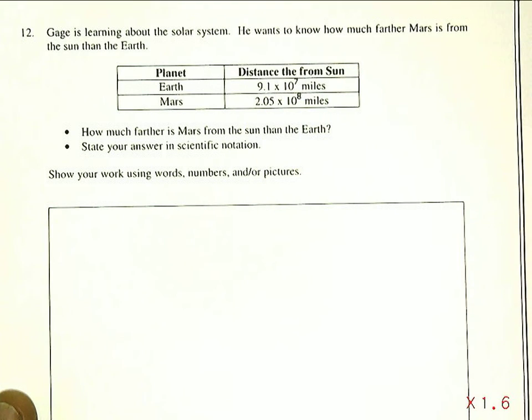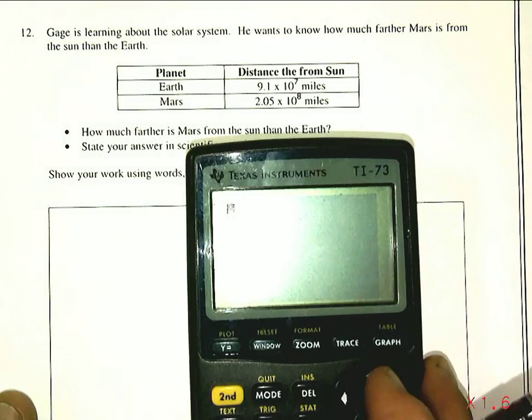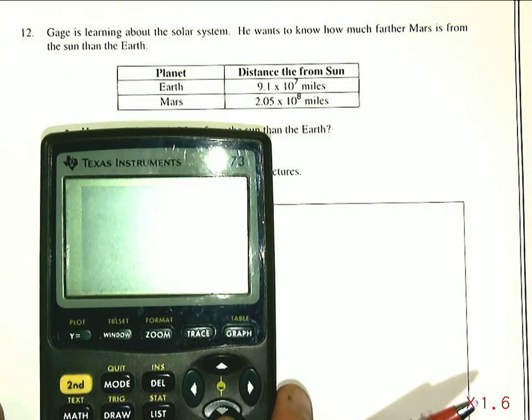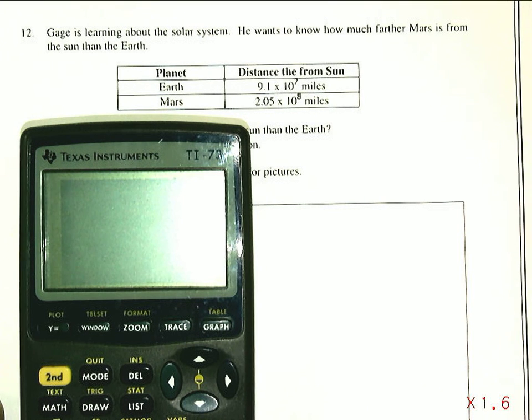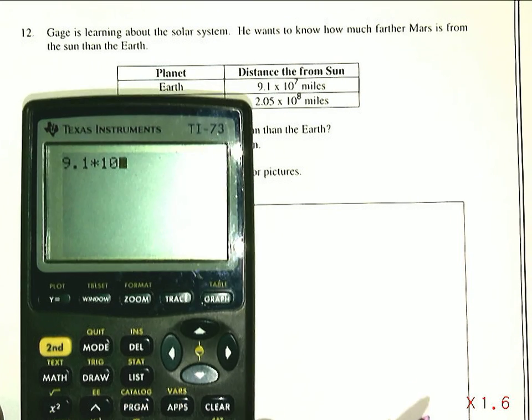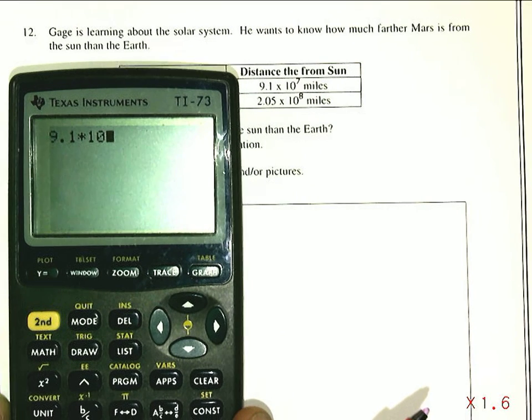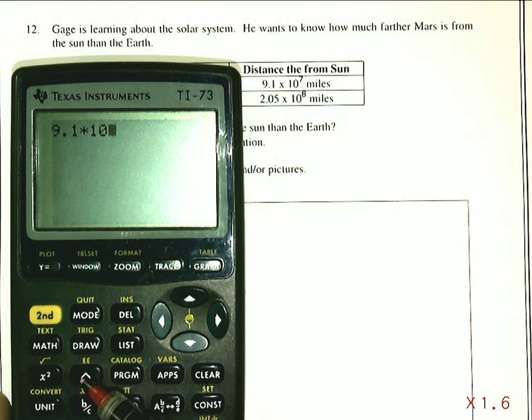And what those numbers mean, we can actually just use a calculator to see if we calculate those numbers out. Take a calculator and go 9.1 times 10, and there's this exponent key on your calculator that a lot of calculators have, this up arrow which represents the exponent.